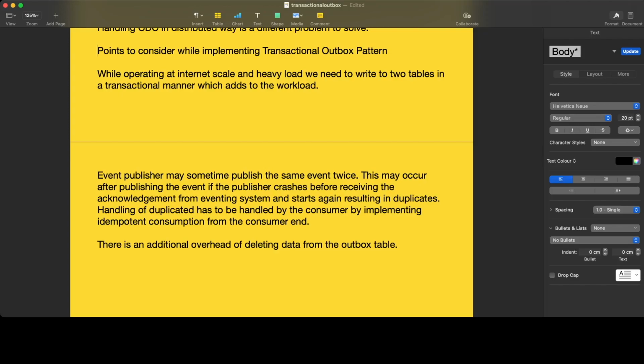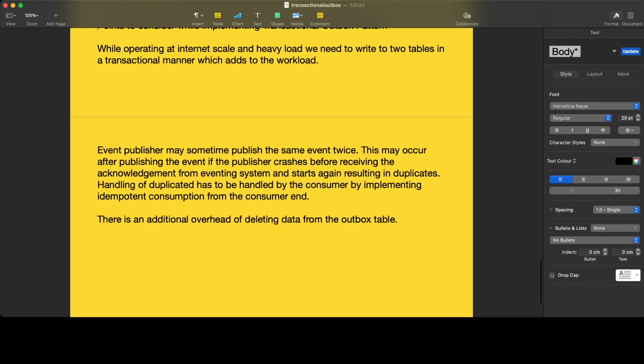It will acknowledge that I already have the event, I know this event, and I have done the processing, so I don't want to duplicate the processing. That is what is called idempotency. Handling idempotency is an important aspect of microservices. We will look into what idempotency is and how to handle it in these scenarios in a different video. But it is left to the consumers to consume the events in an idempotent manner. This we need to consider.